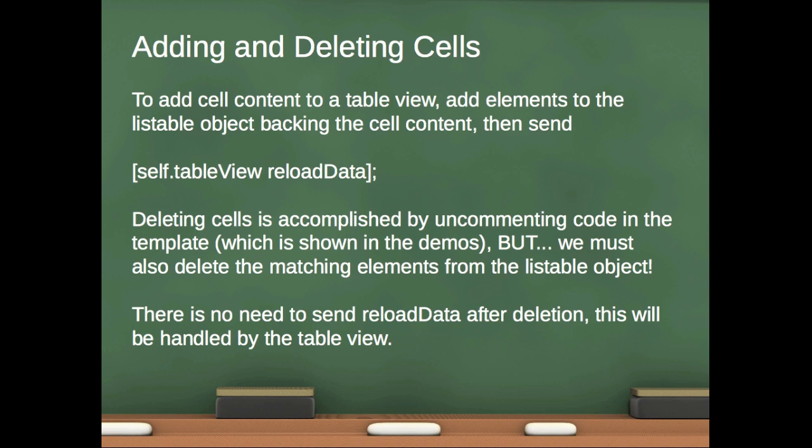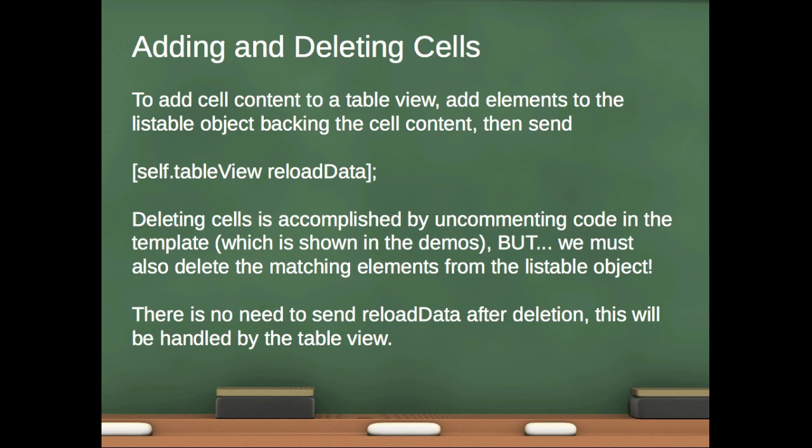There is a code block that is given to us in a UITableViewController subclass, and what we do is we uncomment that code block, which is in the template, and this is shown in the demos, but we must also delete the matching elements from the listable object that goes with that cell at that index path.